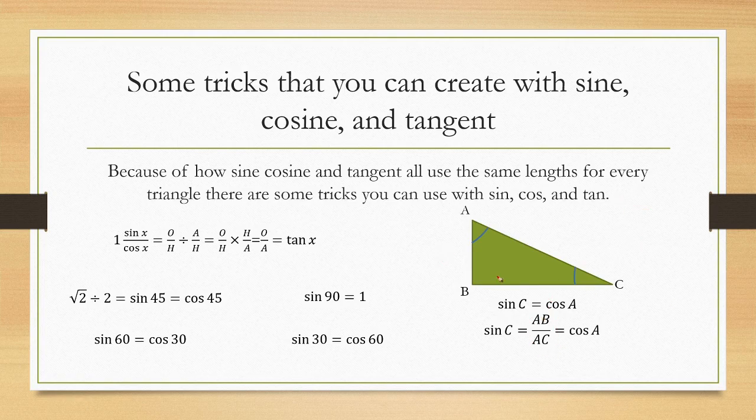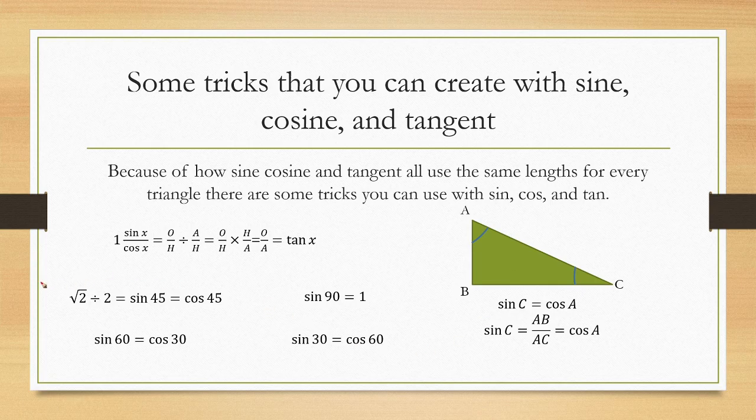But if we go over here, the cos of a is equal to ab over ac, because for angle a, the adjacent side would equal ab, and then the opposite side would be equal to bc. Therefore, the opposite and adjacent are switched. Therefore, sine of c is equal to cos of a.